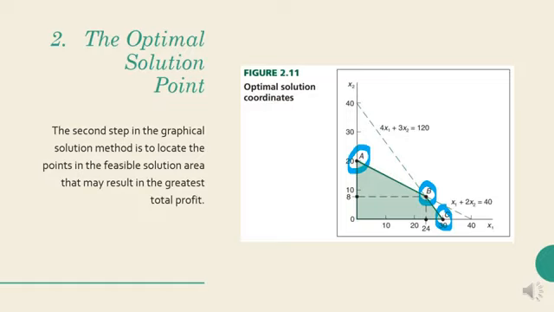Kasi 0, 0 yan. So, you don't call that a point. Okay? Starting point, pwede. But, a solution area, hindi solution yan, ano? So, ang solution natin dyan is, yung tinatawag nating point A, point B, and point C.